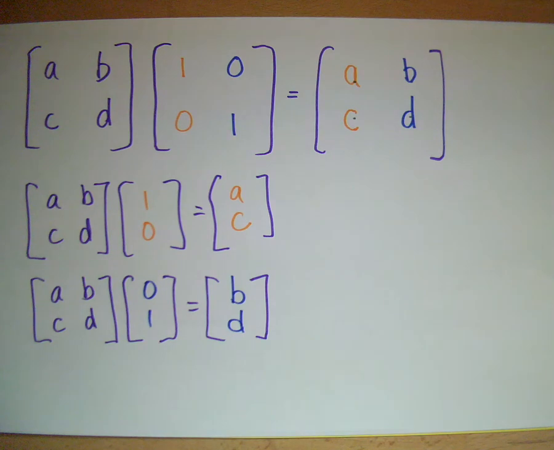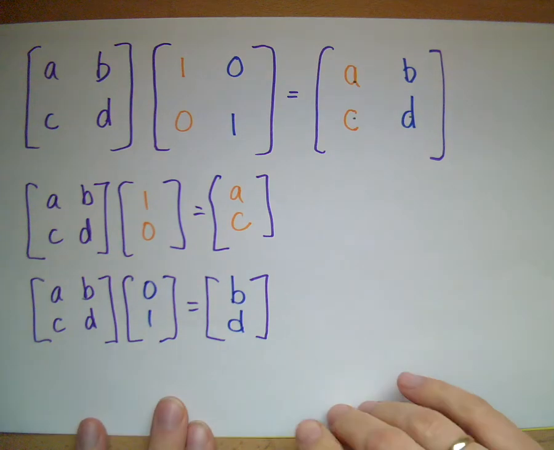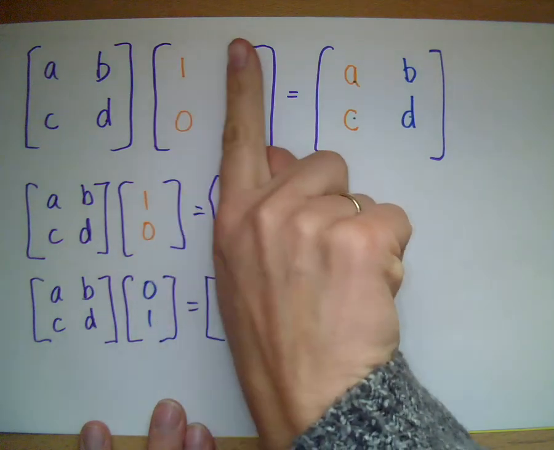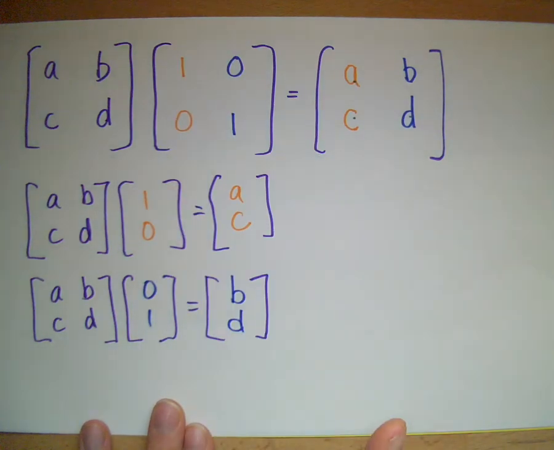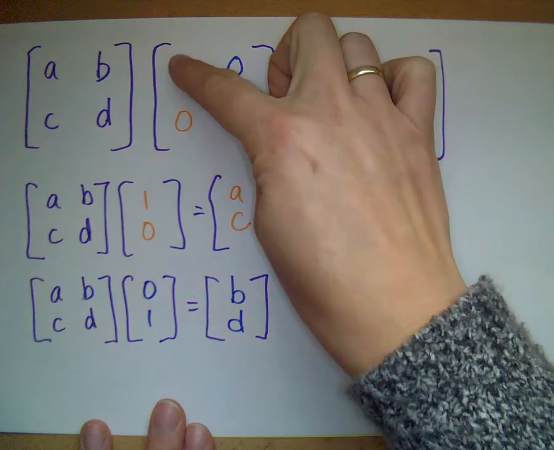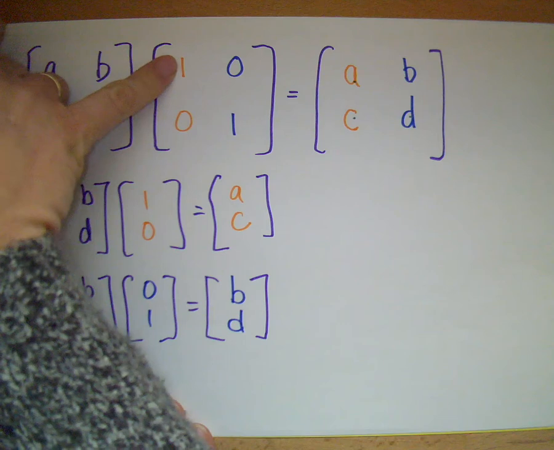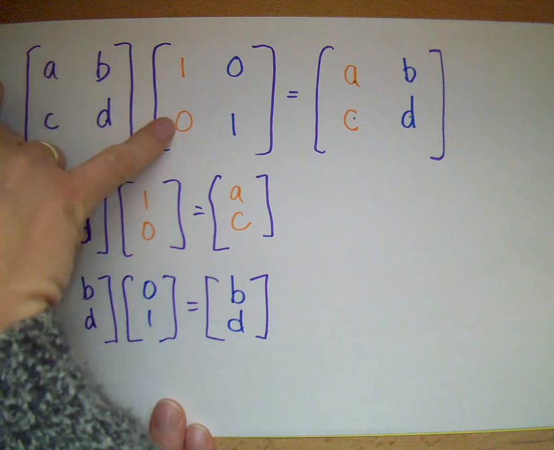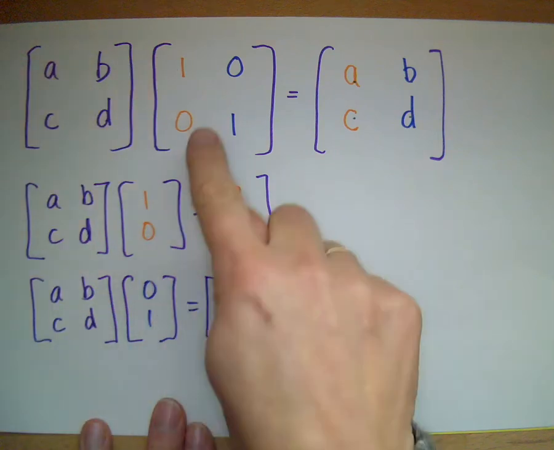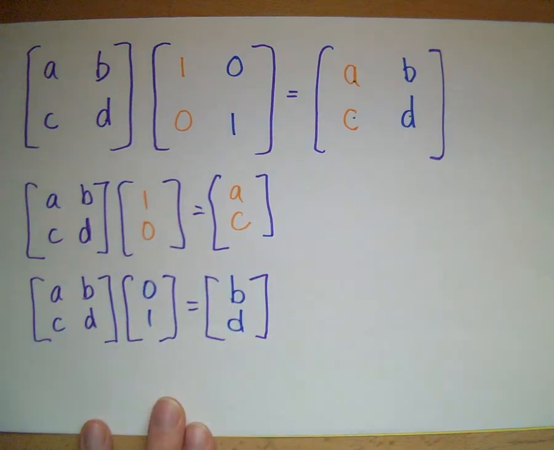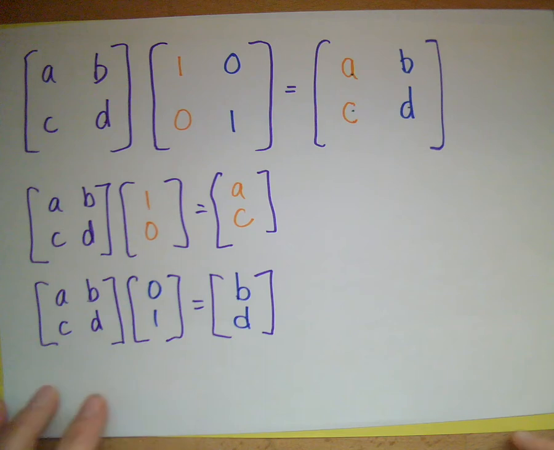Now I want to take this a step further and look at these two columns as vectors. Remember how last time the columns would be vectors? Top value would be the x value, the bottom one the y value. So let's look at these two columns as vectors.